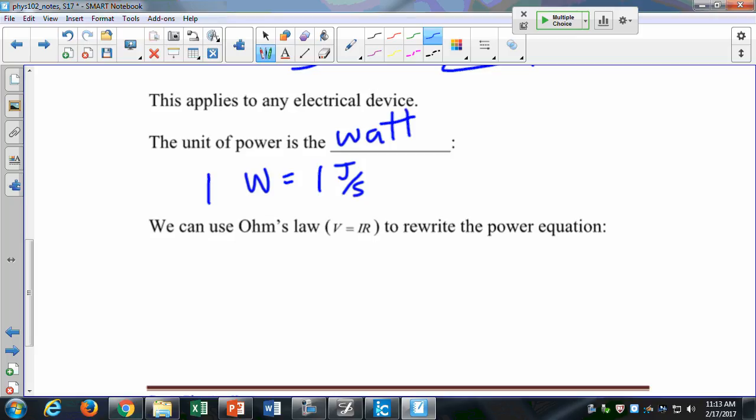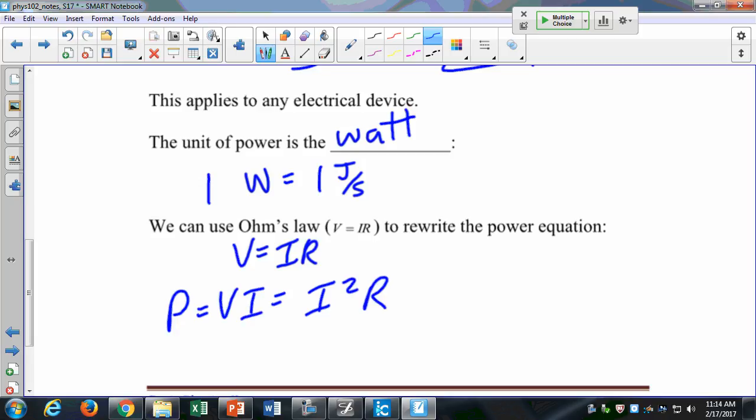And listen, in all the physics books, they give you these different expressions for power, and sometimes it's useful to know them, and they're all on your equation sheet. But I can just substitute V equals IR in various ways into the power equation and get different expressions for power. So I can get P equals VI. I can get P equals I squared R. That's just saying V is equal to IR, and IR times I is I squared R. So I'm substituting Ohm's law into this power equation.